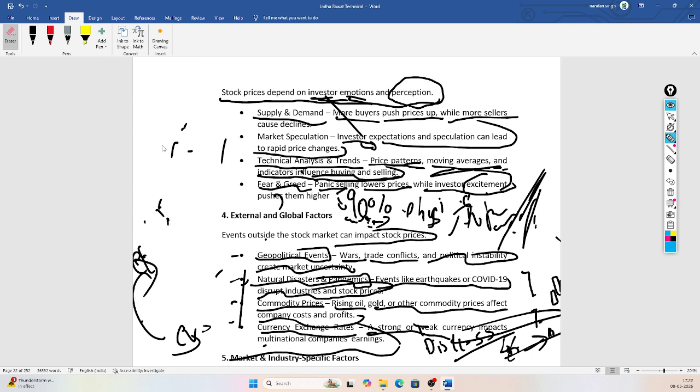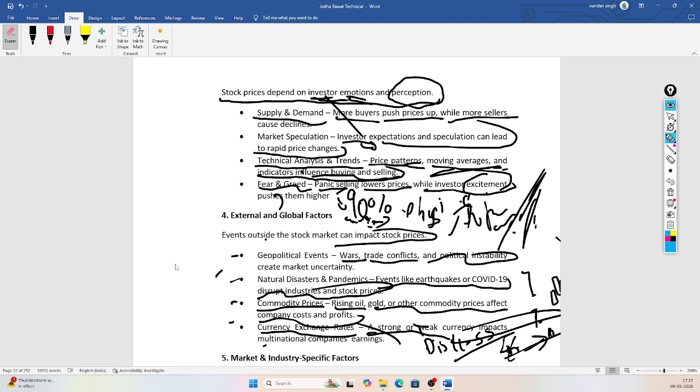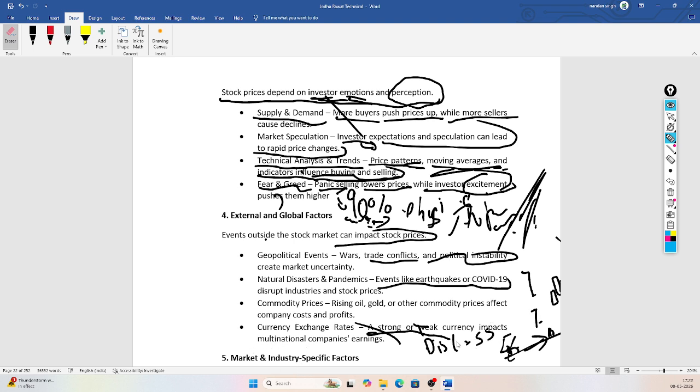Just let me erase. So these are all the things in geopolitical. It could be tsunami, flood, it could be wars, trade conflicts, and political instabilities, and a strong or weak currency exchange rate impacts.